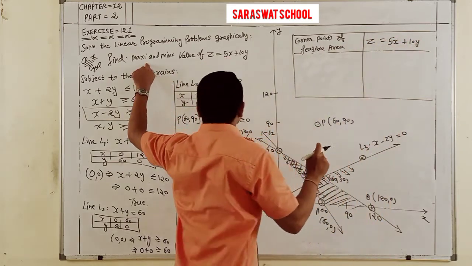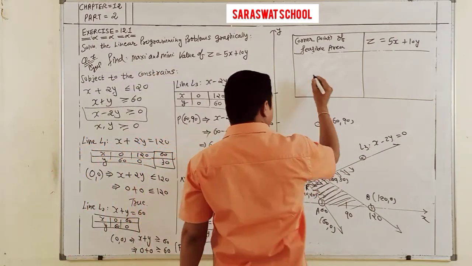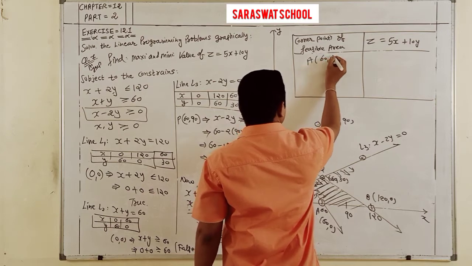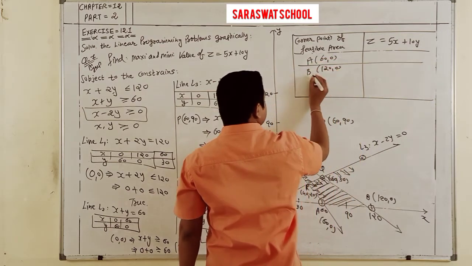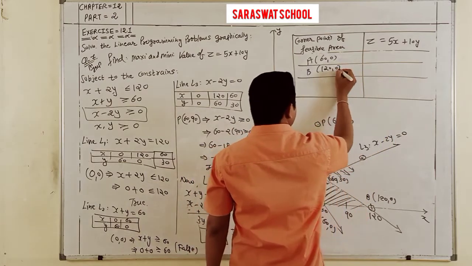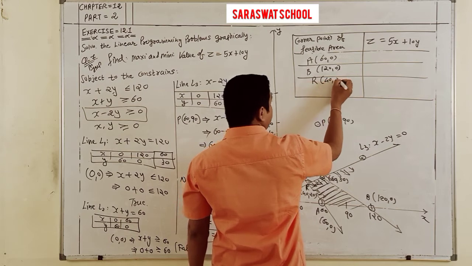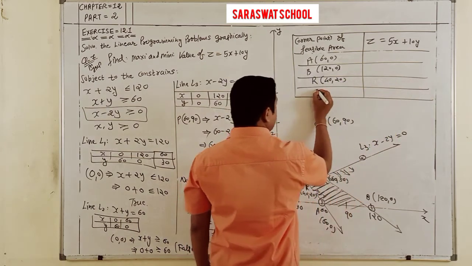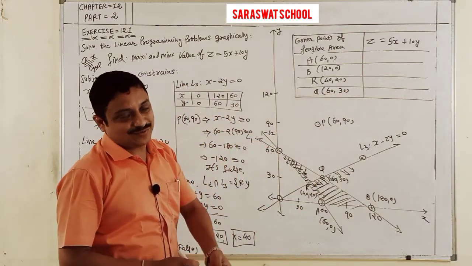I want both the maximum and minimum. So my first point is A, 60, 0. Second, B, 120, 0. Thirdly, R, 40, 20. And last Q, 60, 30. And respectively put down the values.